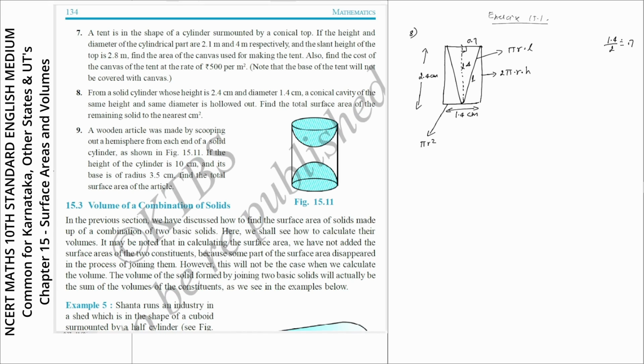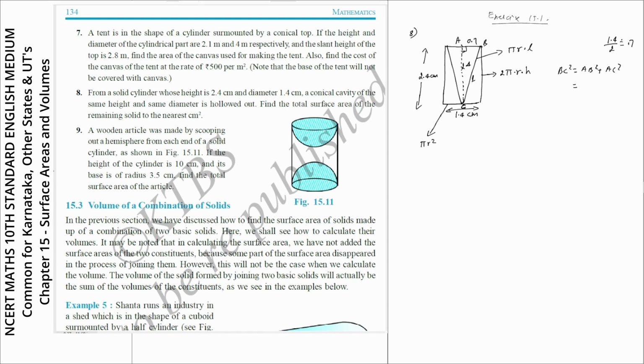Now what is L? I'll mark this as A, B and C. So ABC is a right angle triangle. Now applying Pythagoras theorem here, BC square is equal to AB square plus AC square.